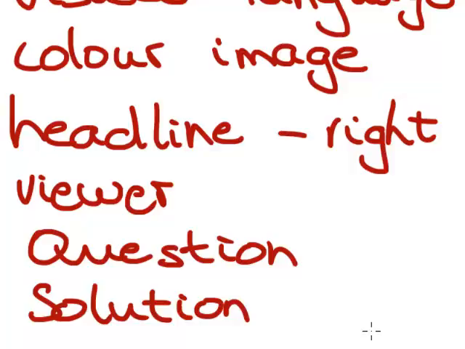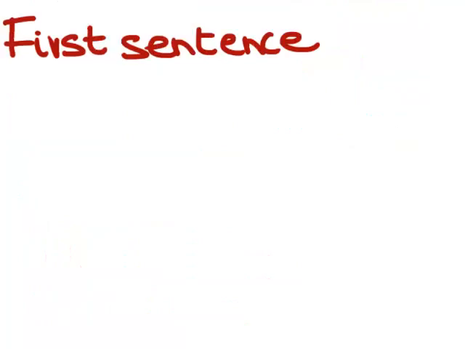So that headline focuses on the target audience and attracts the right people immediately. Then the first sentence will build on that headline and will probably also be used to attract attention.